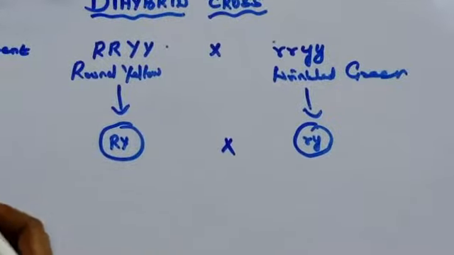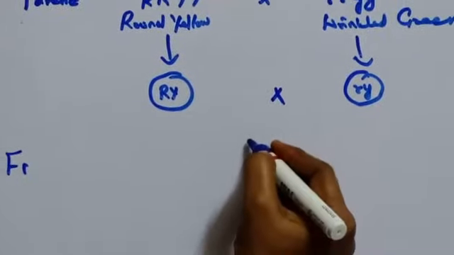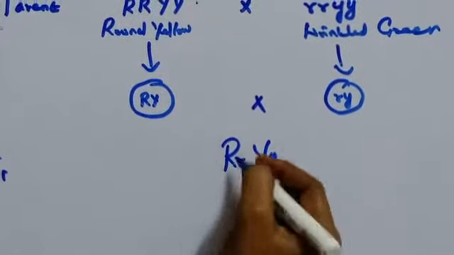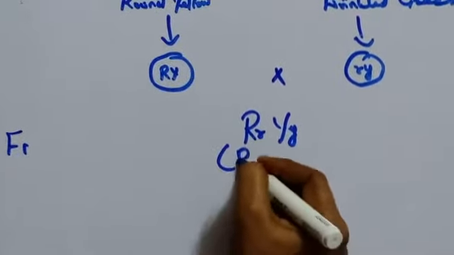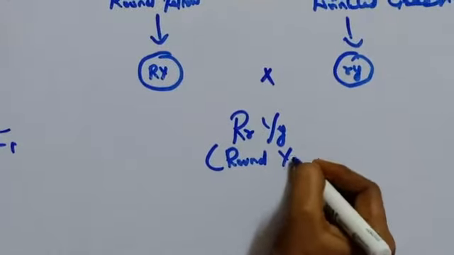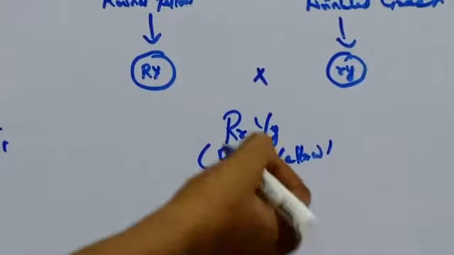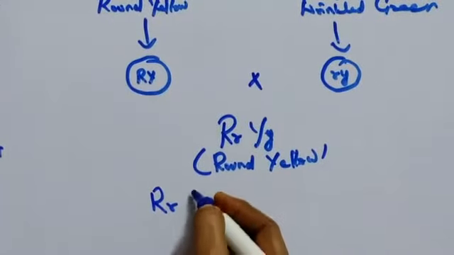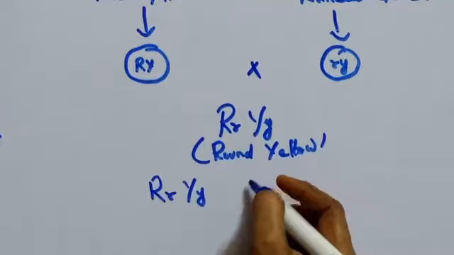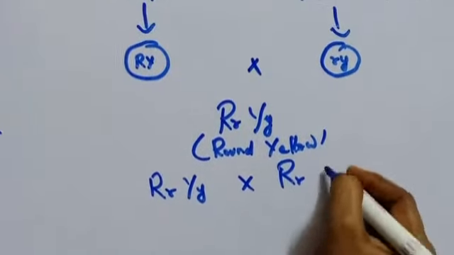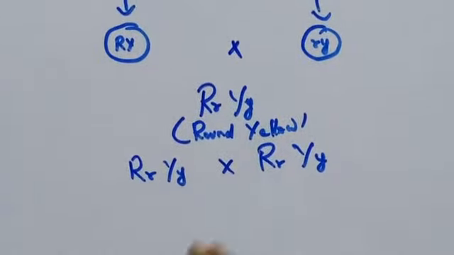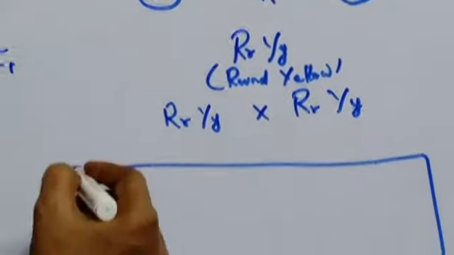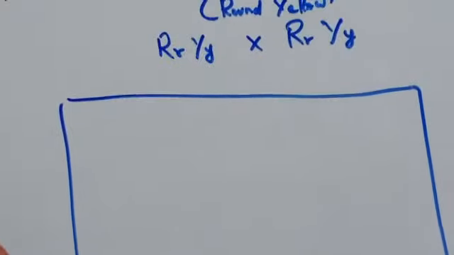So the F1 progeny is capital R, small r, capital Y, small y. This is what? Round yellow. When this F1 progeny is selfed, we'll now see the offsprings through checkerboard.